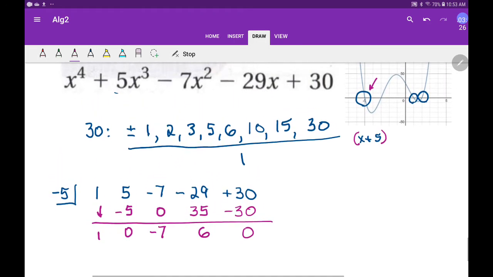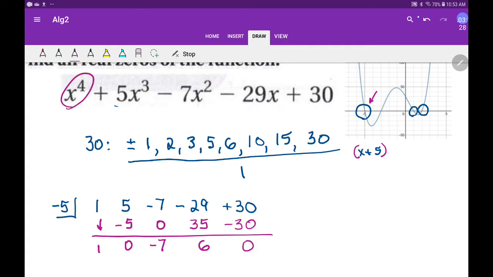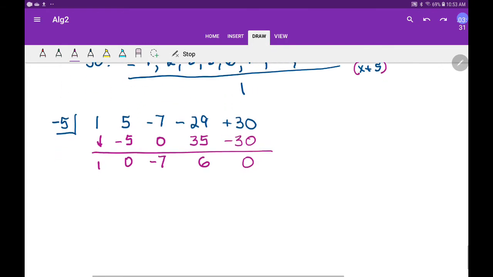Alright, so that gets me down to, I had x to the 4th and now x to the 3rd. Okay? X to the 3rd.